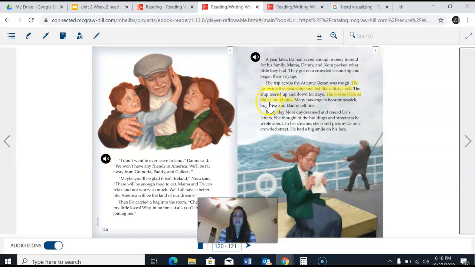Using the word as, what does that help you to visualize in your head? Yeah, the waves are so tall, it's like looking up at a mountain. Could you imagine a wave being that tall when you're traveling across the ocean? I don't think I would want to be on that ship.